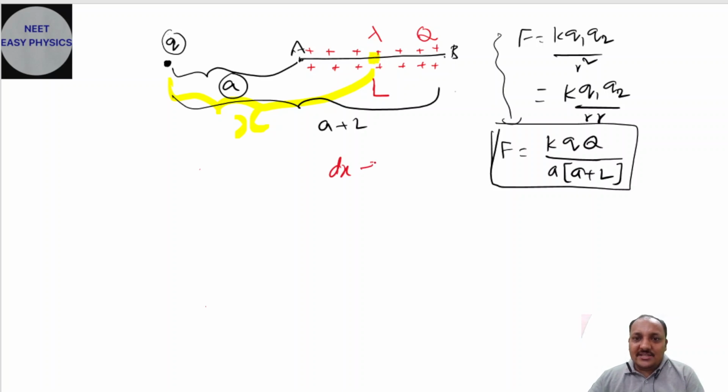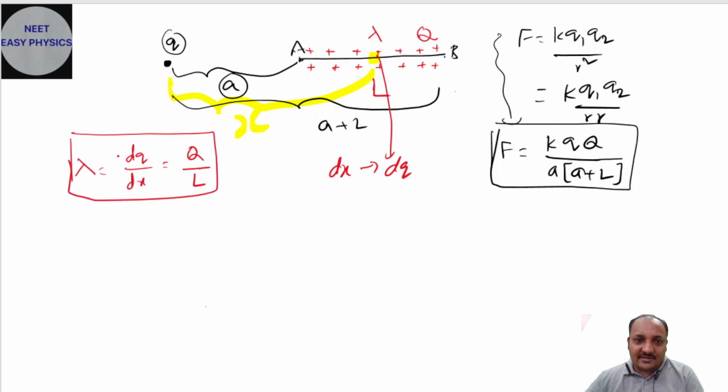On that, how much charge is there? dq. Then what is the definition of lambda we said? dq by dx. What is the total charge Q by the total length L. So this is the distribution of charge.